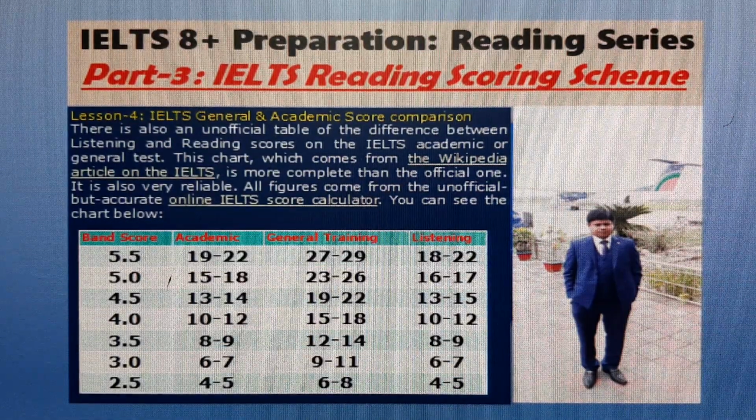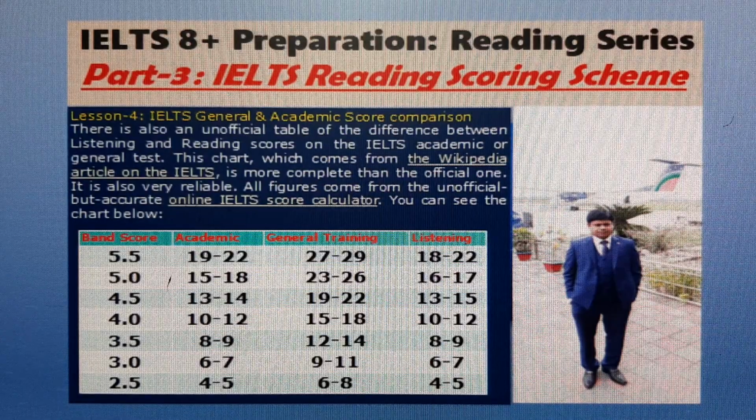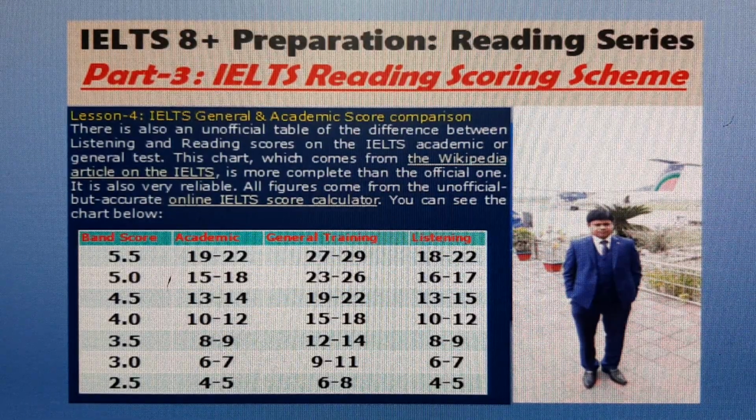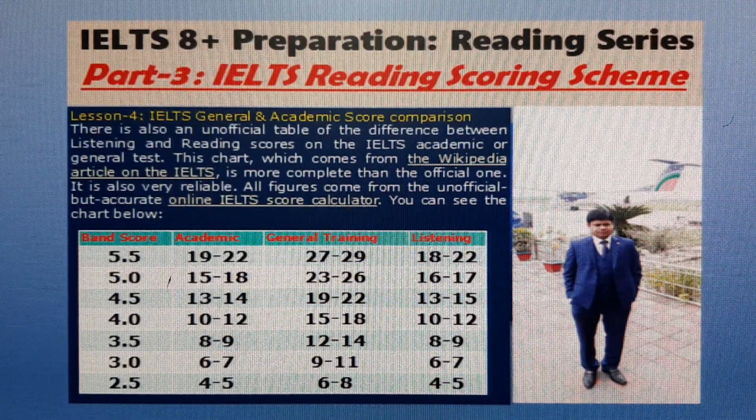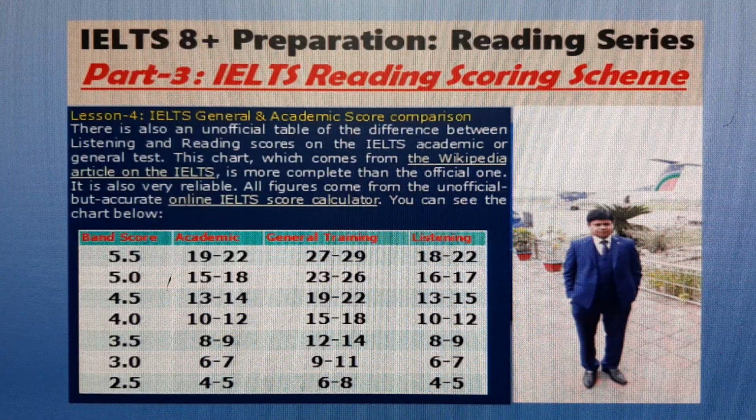IELTS band score 2.5 is equal to IELTS academic reading raw score 4 to 5, general training reading raw score 6 to 8, and listening raw score 4 to 5, and the like.